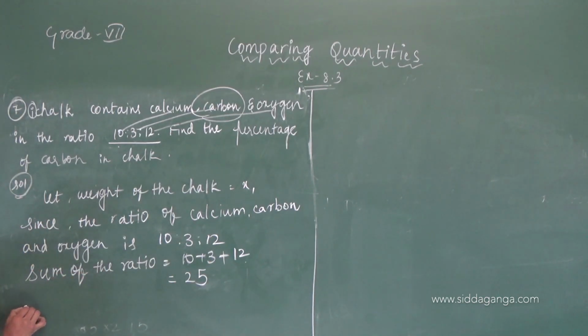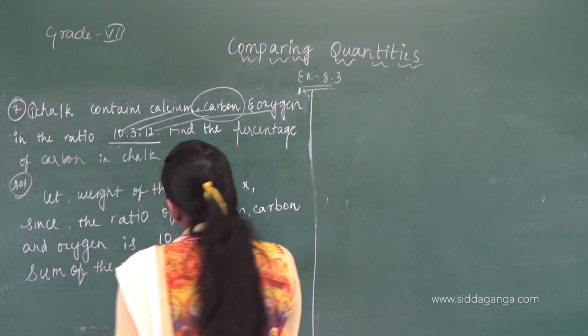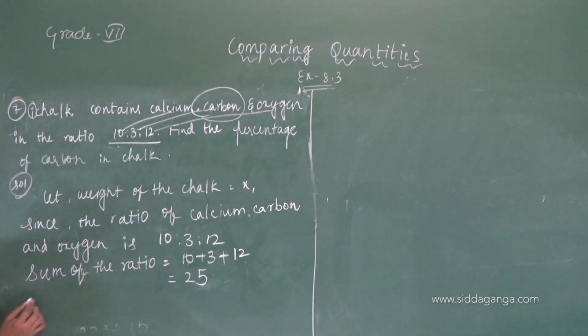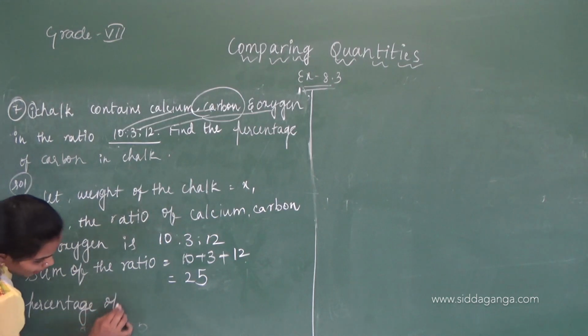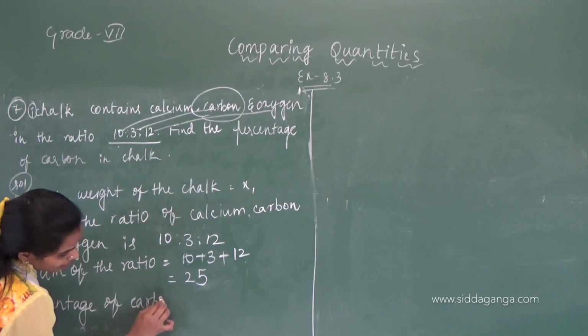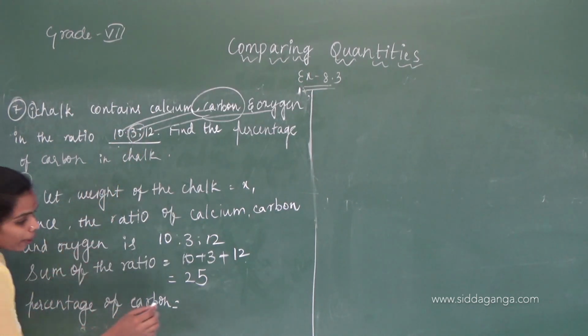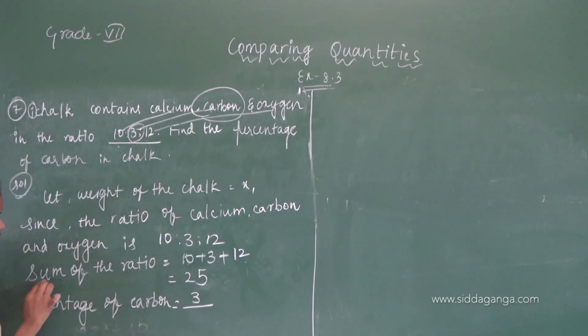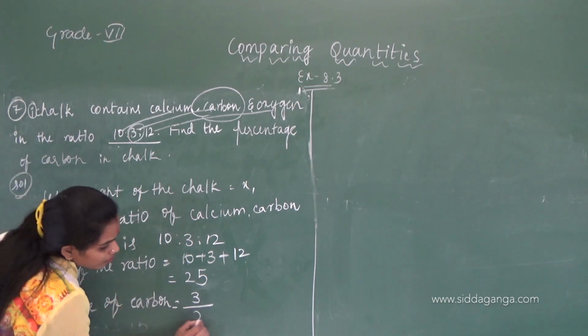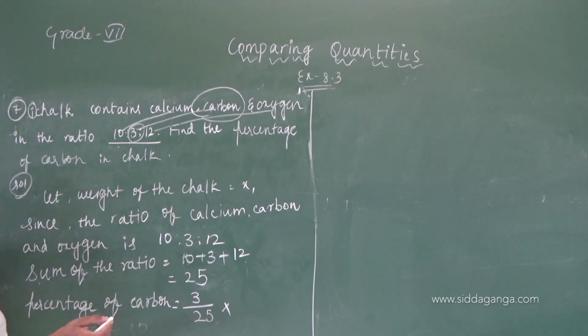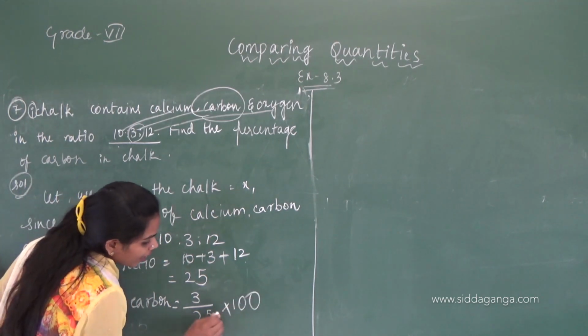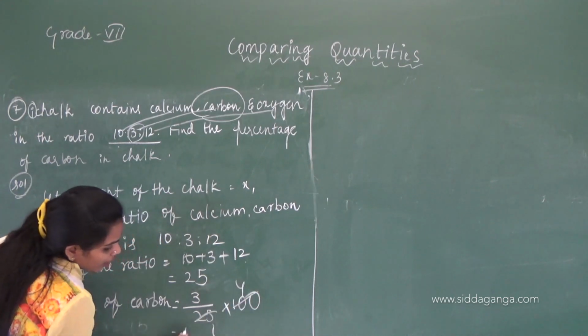Next, percentage of carbon, only they are asking, that only you have to write. Percentage of carbon means ratio related to carbon divided by sum of the total ratios, into 100, because we are converting to percentage. That is 3 by 25 into 100, which is 12%.